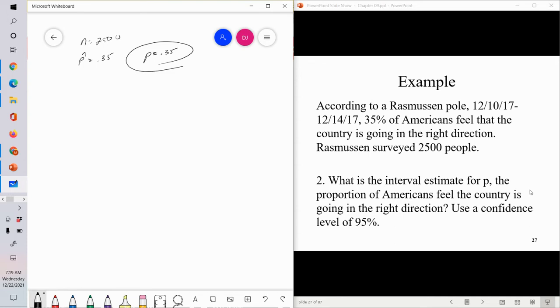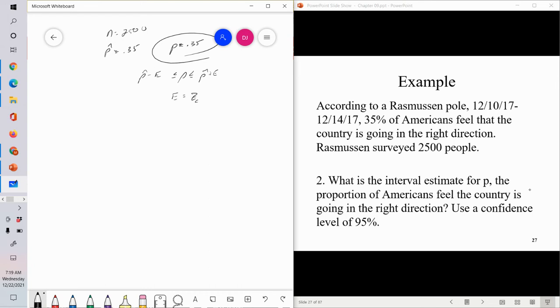Number two, what's the interval estimate for p? Okay, now to find the interval estimate for p, remember that p is going to be somewhere between p-hat minus our margin of error and p-hat plus our margin of error, where the margin of error is z sub c times s sub p-hat, and s sub p-hat is the square root of p-hat q-hat over n.